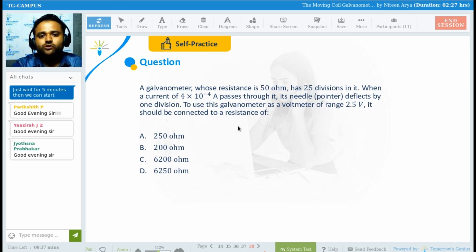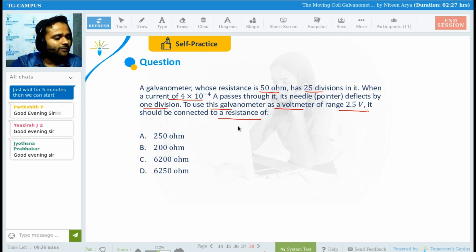Believe me on this. So a galvanometer whose resistance is this many ohm has a deviation this much in it. When a current of this much passes through it, its needle pointer deflects by 1 division. To use this galvanometer as a voltmeter of this range, it should be connected to a resistance of this. See, I is given, division is given, the resistance of the galvanometer is given, and theta is also given.